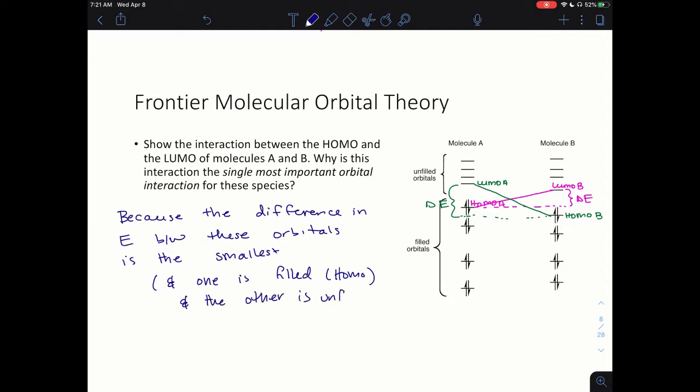Because of that, we will have net stabilization of electrons. And for these particular species, the difference in energy between the HOMO of A and the LUMO of B is smaller than the difference in energy between the LUMO of A and the HOMO of B. So it will just be this interaction that is significant.